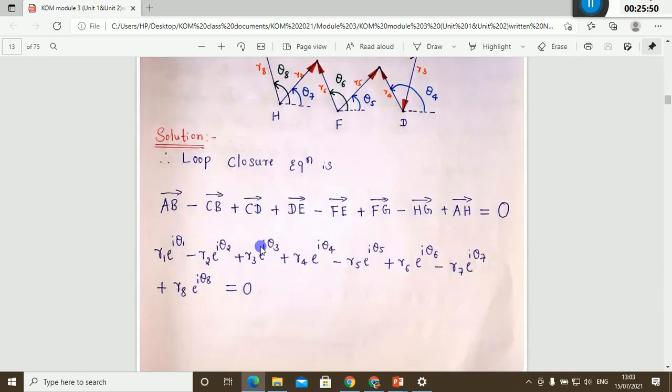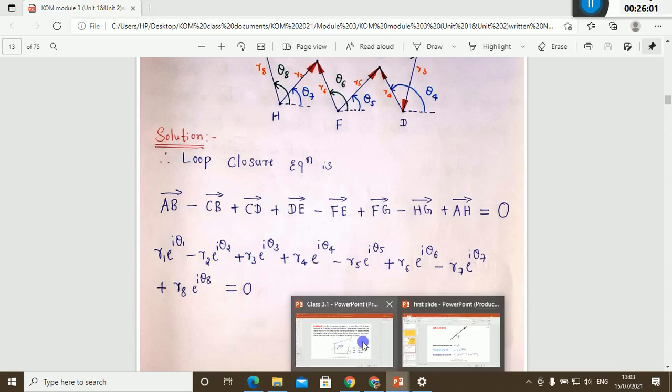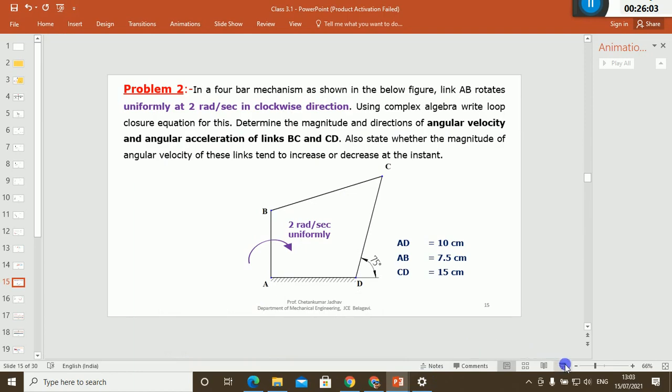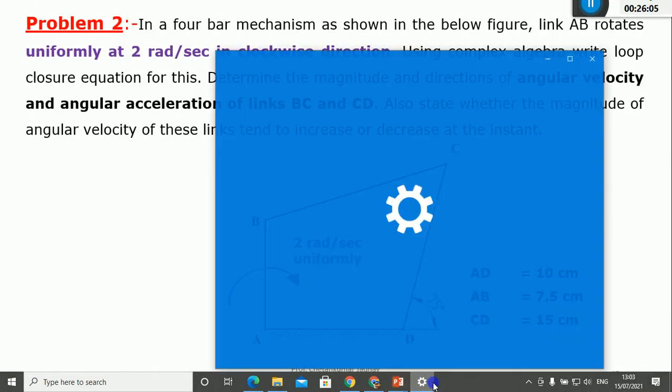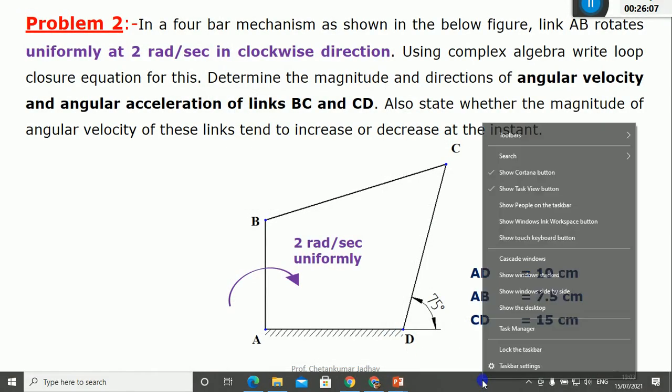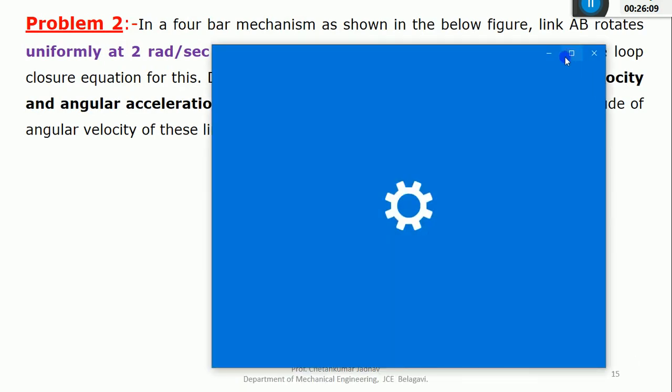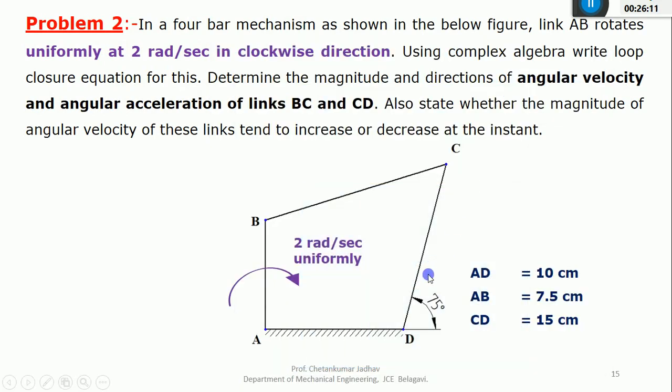Similarly, write down the displacement of each vector, that is r e raised to i theta. This is the loop closure equation, which was explained in the previous class. In a similar manner, first I'll write down the loop closure equation. You need to find out the loop closure equation, as mentioned in the problem.